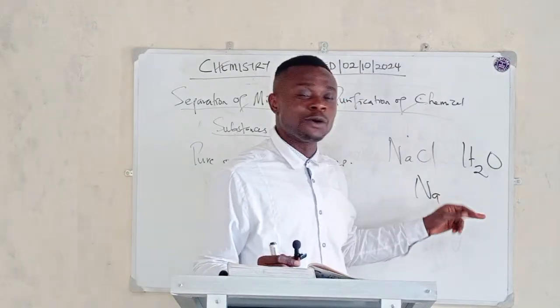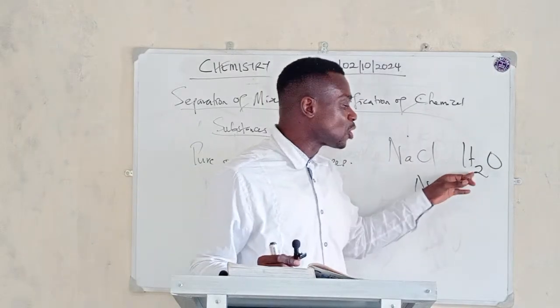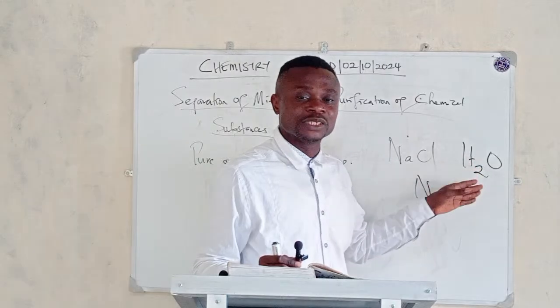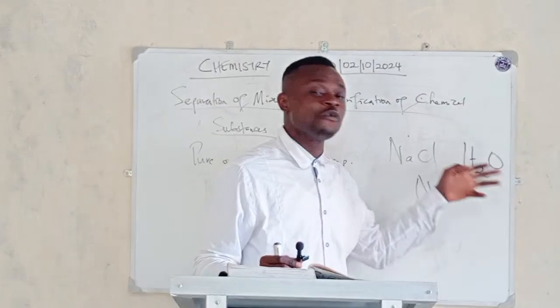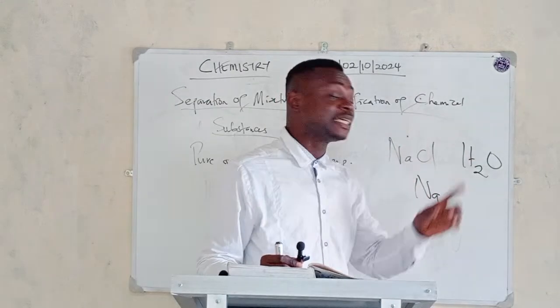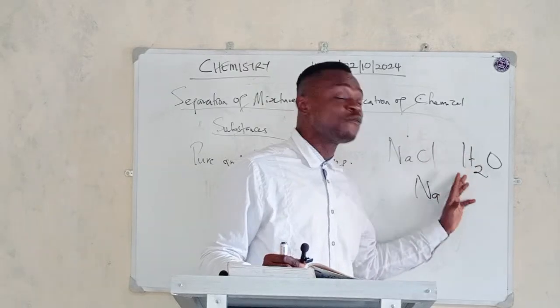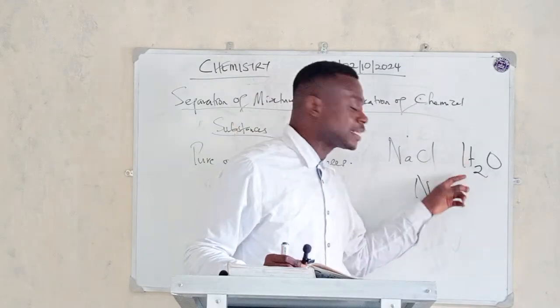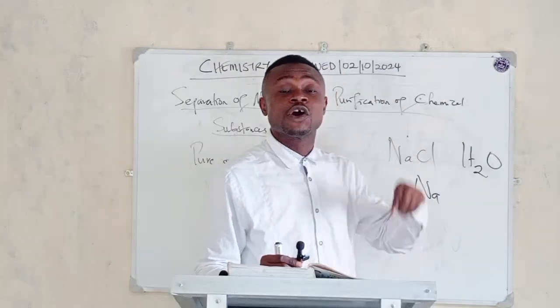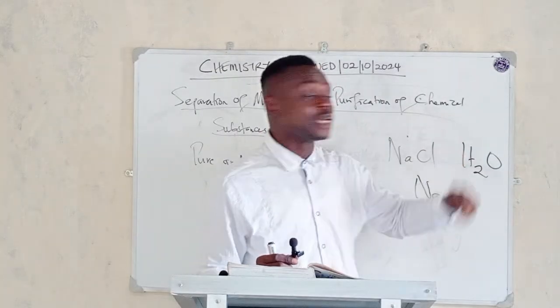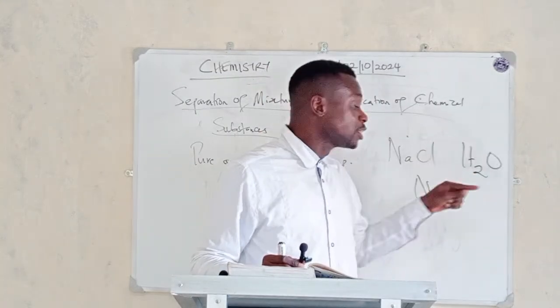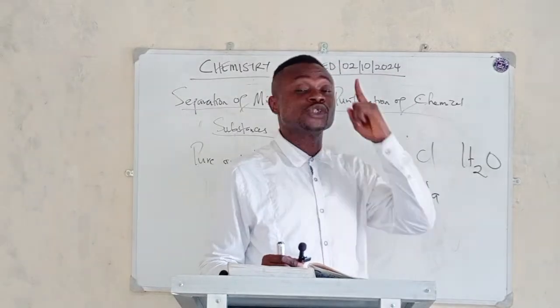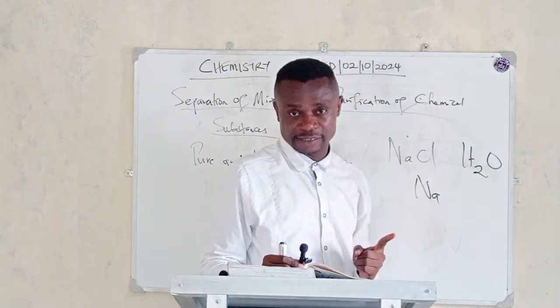So when they say they want to purify water, they are not touching the chemical bonds in the water. No, they are just removing other things that made it a mixture. But once you remove all those things using separation techniques, water will remain pure. That means what is there is only water. There is no other constituents.